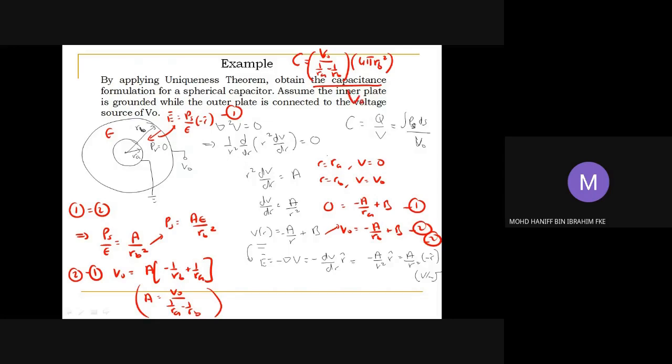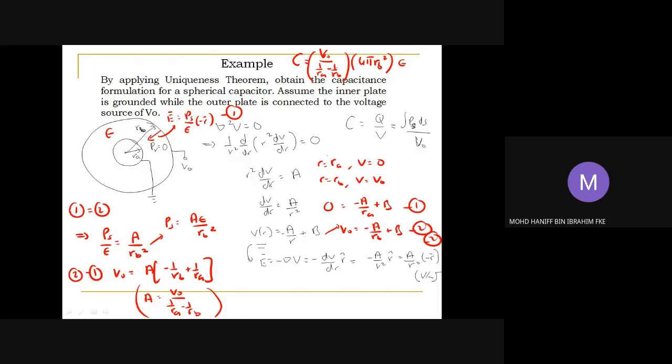Right, I think I missed something here. We have epsilon there, because A epsilon over RB squared. Sorry, we also have RB squared. I missed something then. Sorry for this, my mistake. Okay, this is your rho s.